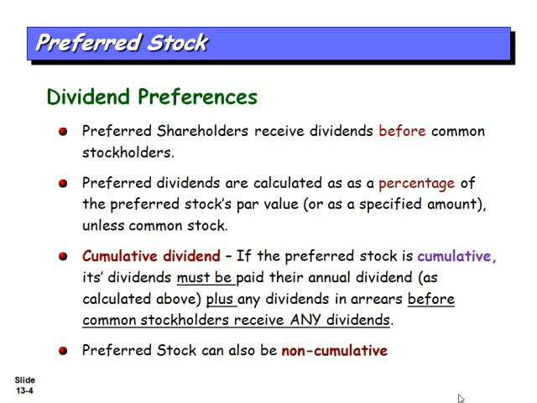If they can't pay the complete dividend as a percent of their par value, future dividends must be paid in arrears before any common stockholders receive any dividends, and we'll walk through this example. Preferred stock can also be non-cumulative, and of course from the company's viewpoint this is much more attractive.